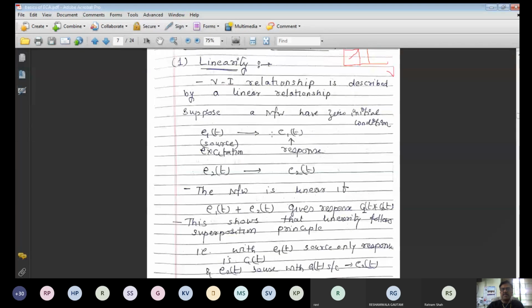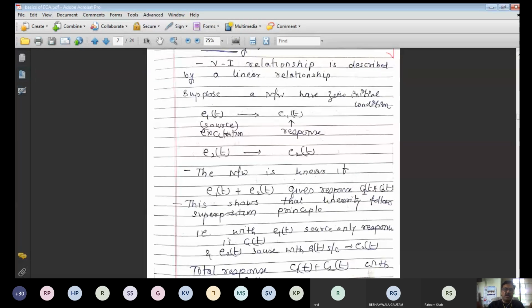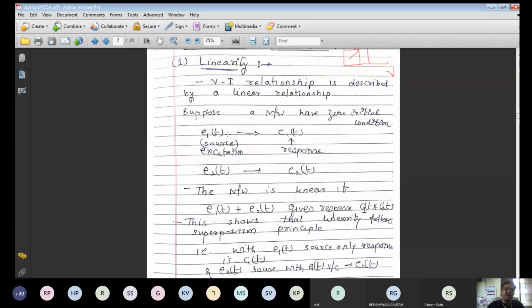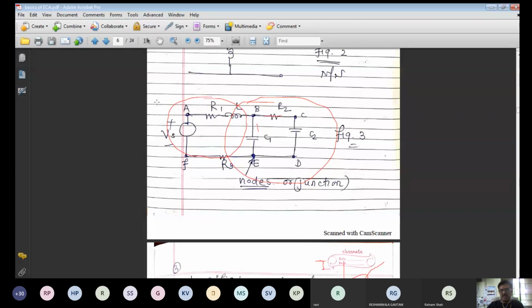With this linear circuit, the VI relationship is described by a linear relationship. Suppose we have this network, and we have the source. This Vs is known as the source. Suppose you want to find the current in this circuit. So this I is known as the response. This is the source and this is the response.